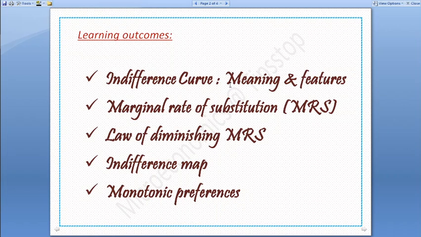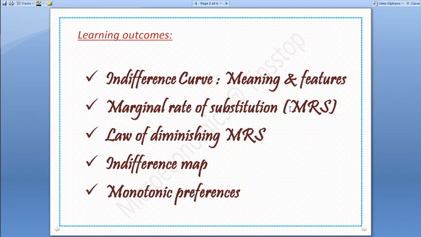It gives you the same satisfaction. And when you talk about the MRS, you understand MRS is a substitution of one good for the other. It's the number of units of good Y that the consumer is willing to forego for an additional unit of good X. You want more of X, how many do you want to sacrifice of Y?